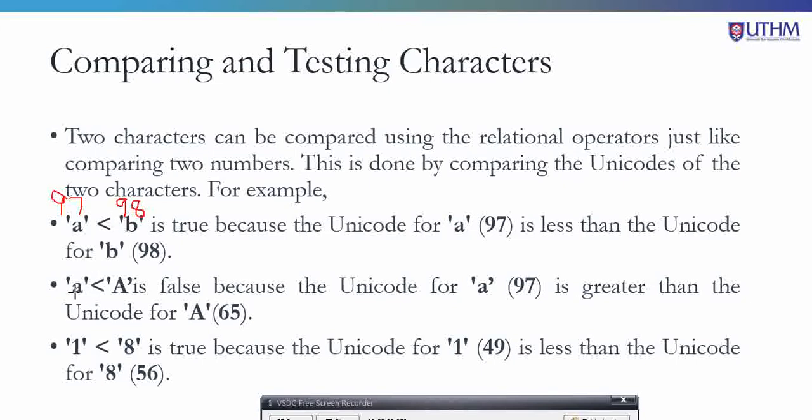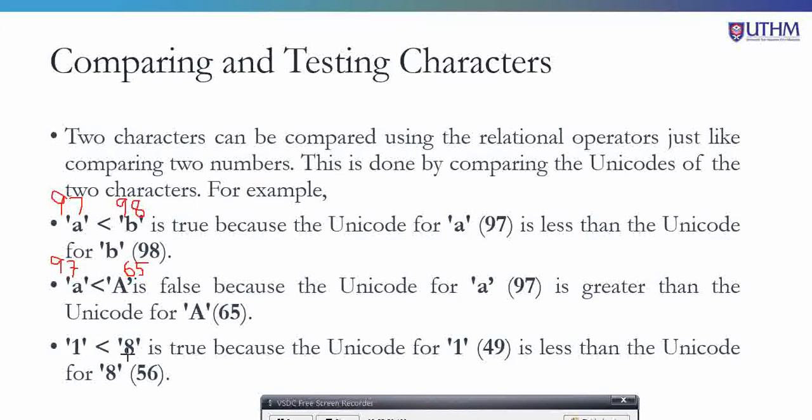And then lowercase a, okay, is 97. And then for capital A, we get 65, by referring to the ASCII table. So is 97 less than 65? So the result is false.